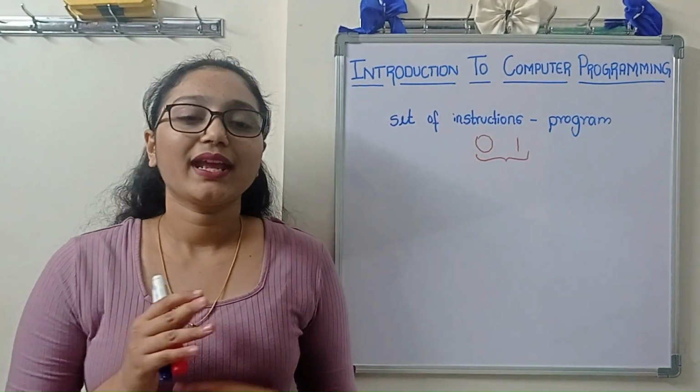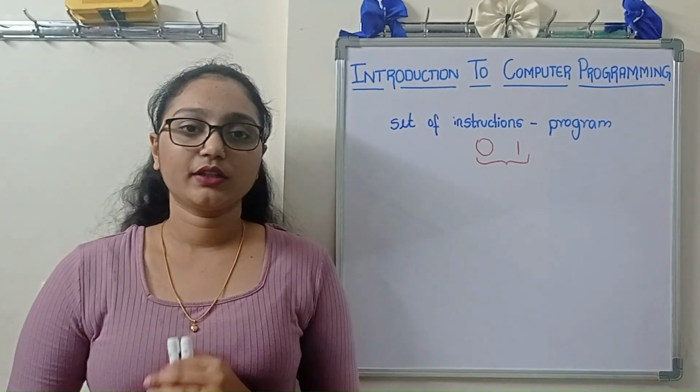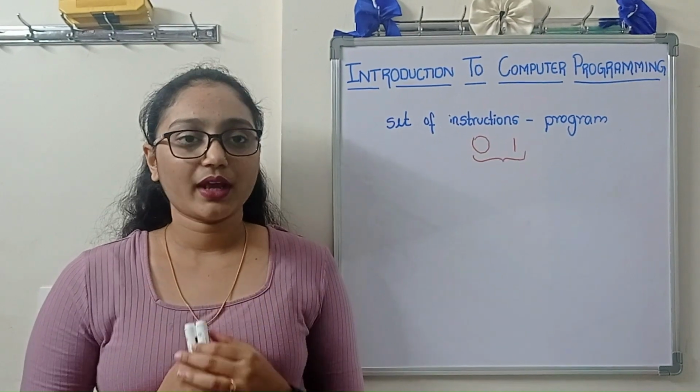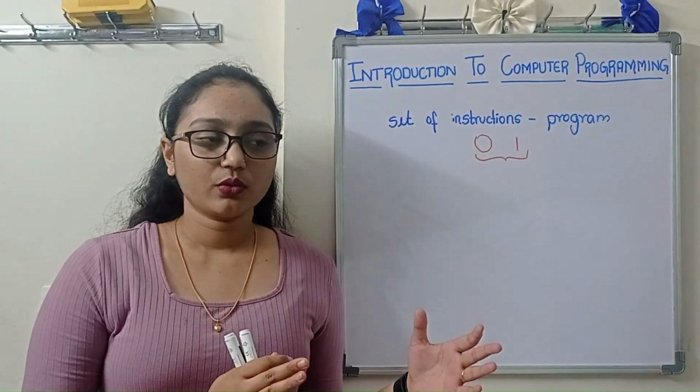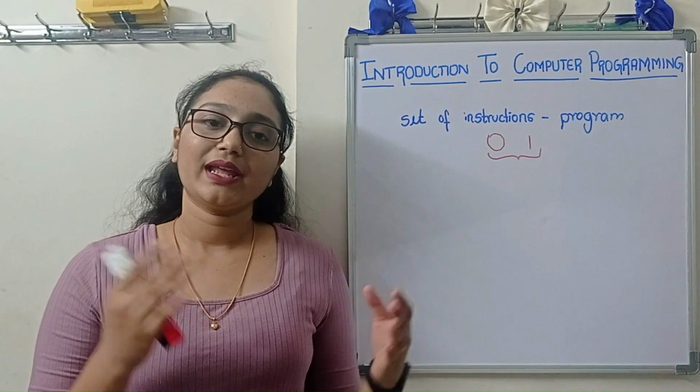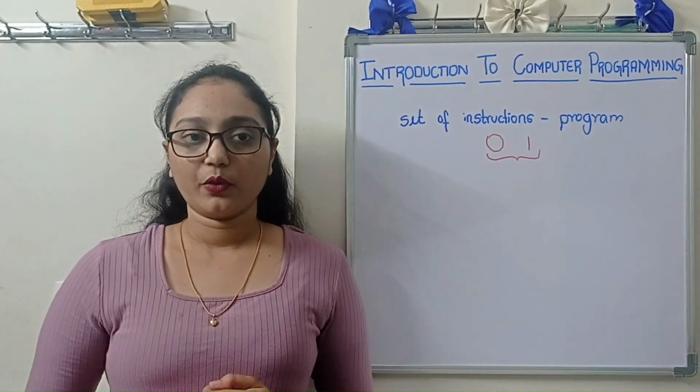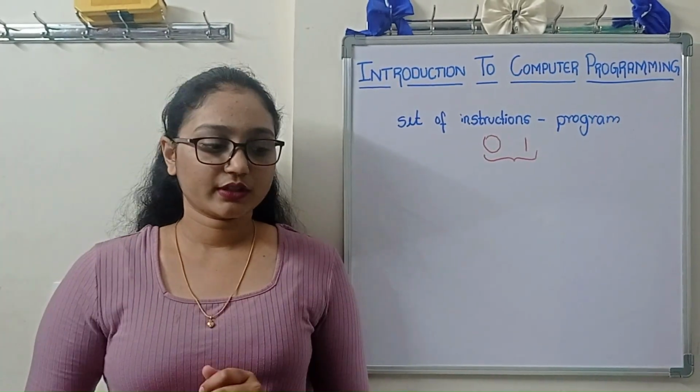So if you want any of your tasks to be done by the computer, then you have to write a code for it. You write the code, then give it to the computer, it will execute it and give you the output. This is how the system works.